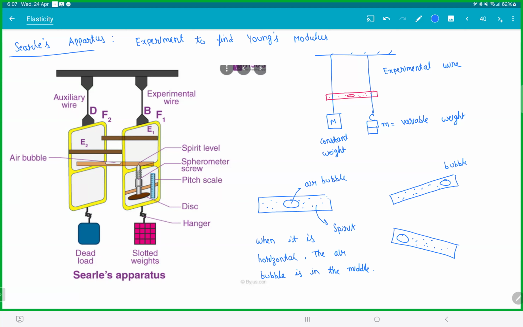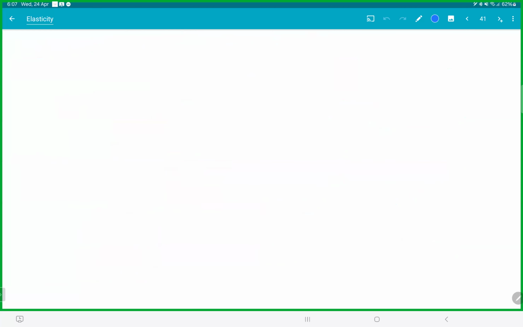Now, what happens as you keep loading the weight? Let me see if I can get a photo for that. Now, if you keep on adding the weight, one sec, where is this?